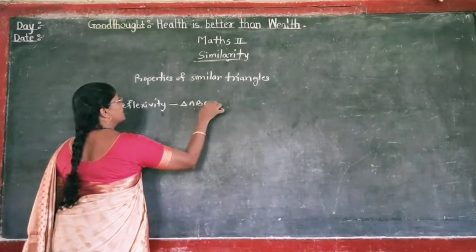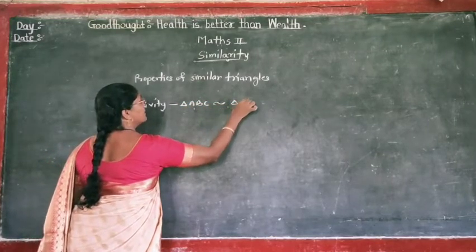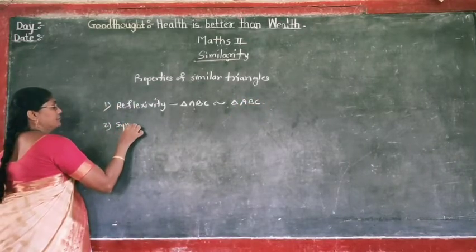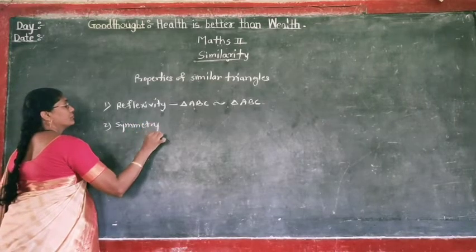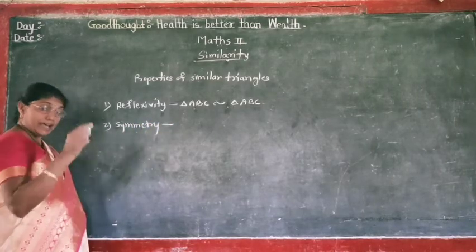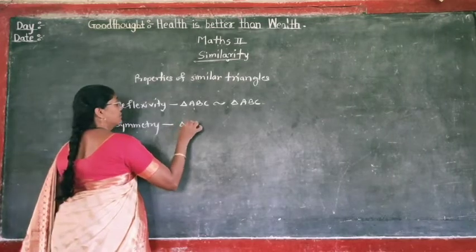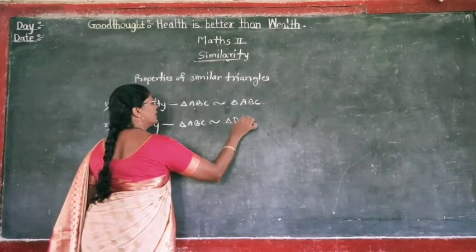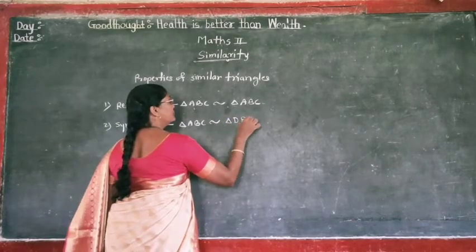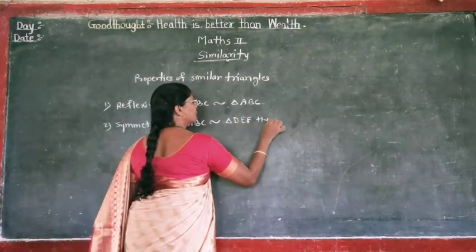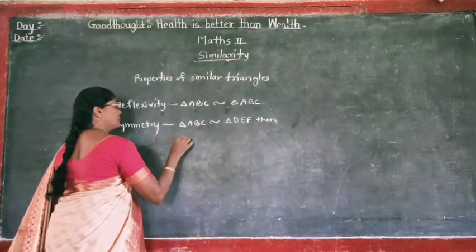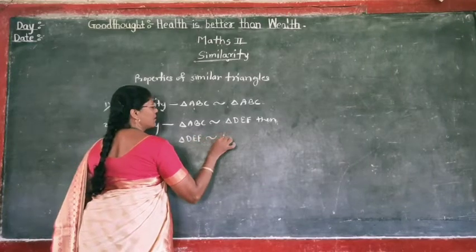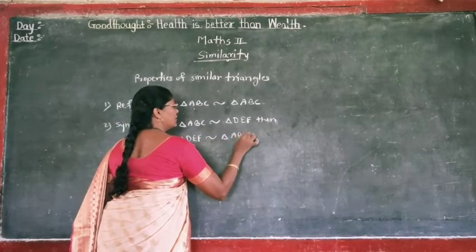Triangle ABC is similar with triangle ABC. Second property is symmetry. Symmetry means when one triangle is similar with another triangle, then second triangle is similar with first triangle.